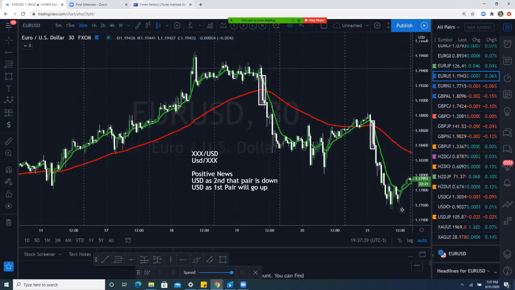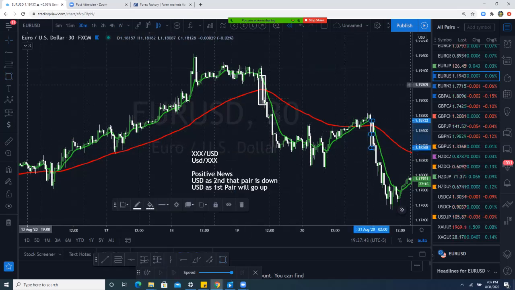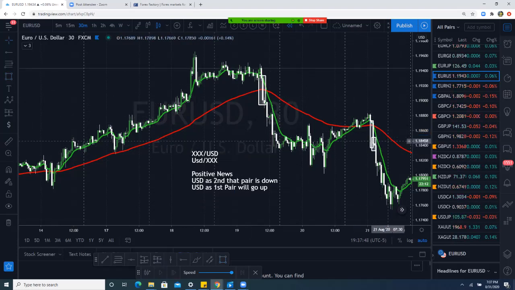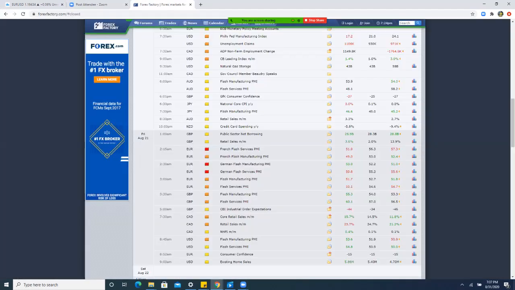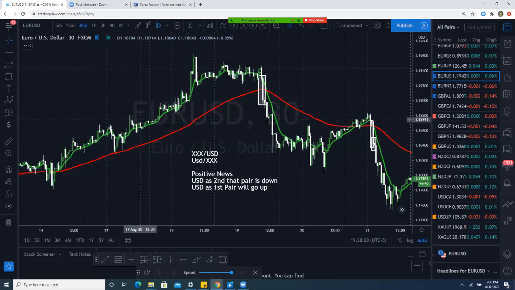And then the second news release, still went down. And then the final one, another big one at 3 o'clock, which had the big differentials of a pair, sent it further down. So the euro was weaker.